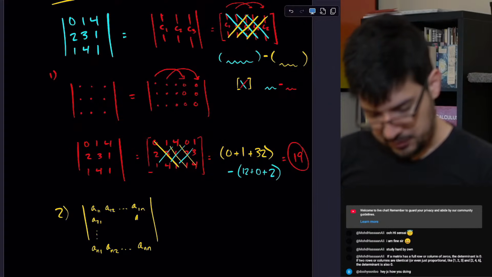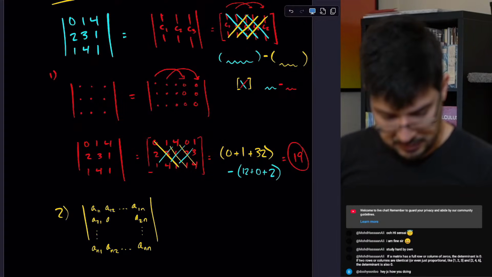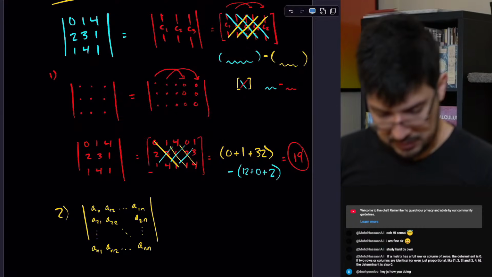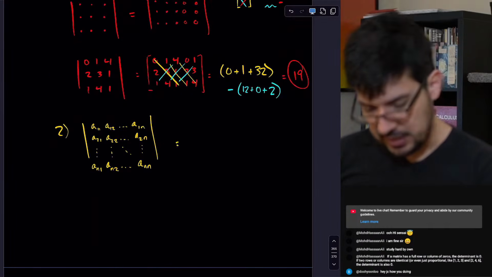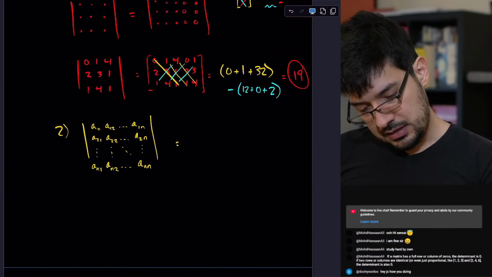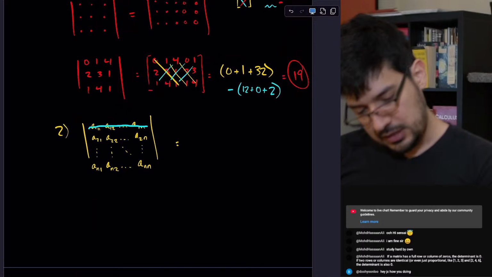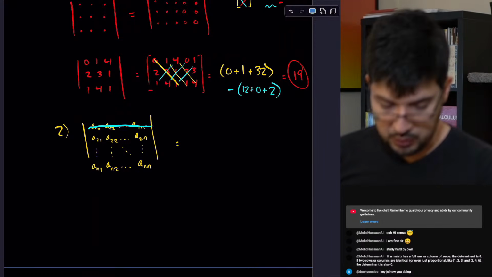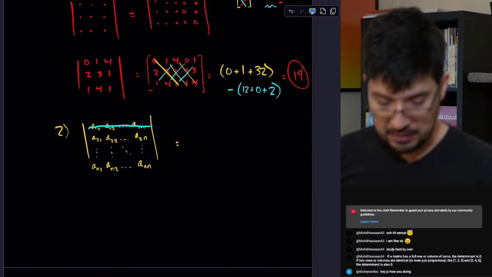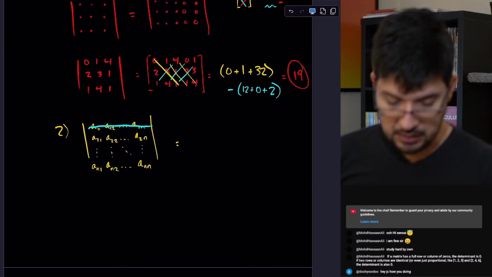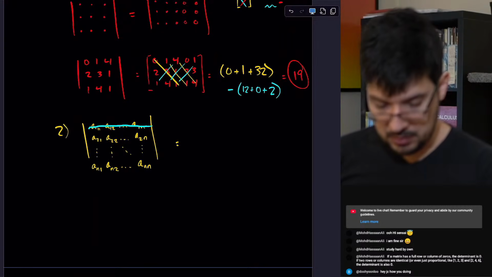I don't know if I can write down the precise definition, because it's kind of tricky to write it. I don't have it completely memorized, but we do an expansion along, I think usually we define it as an expansion along the first row.